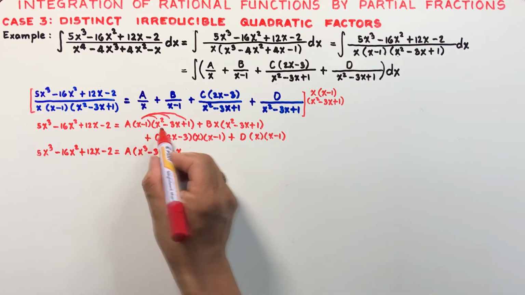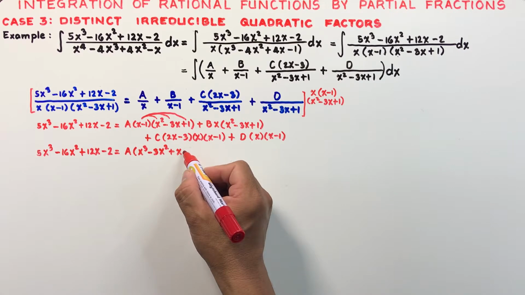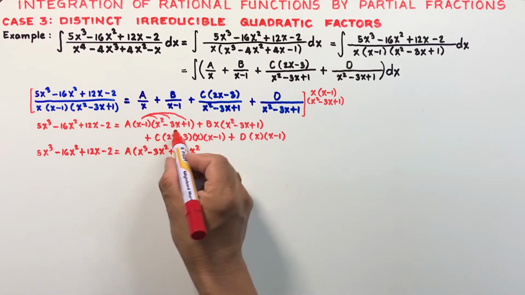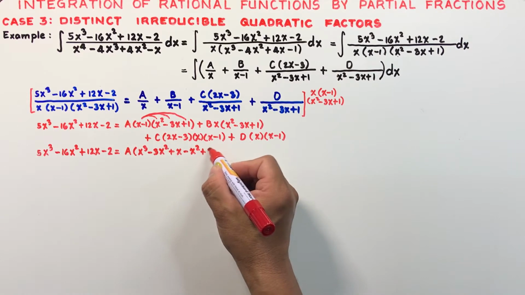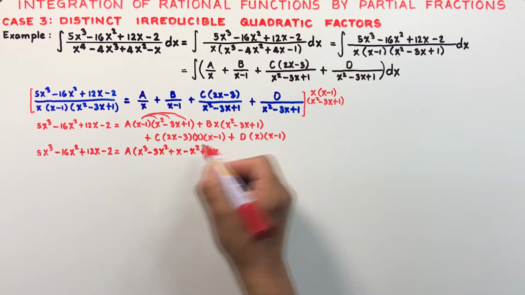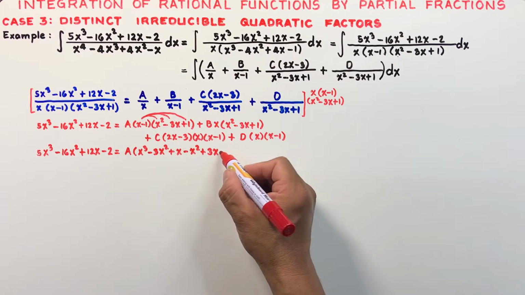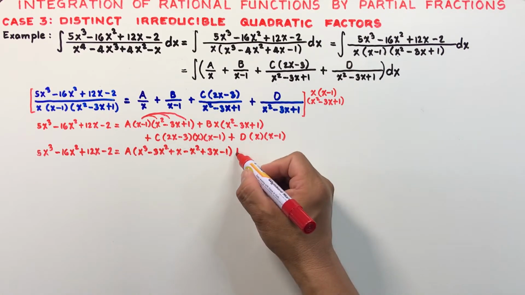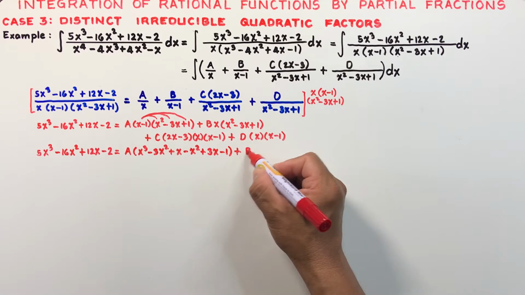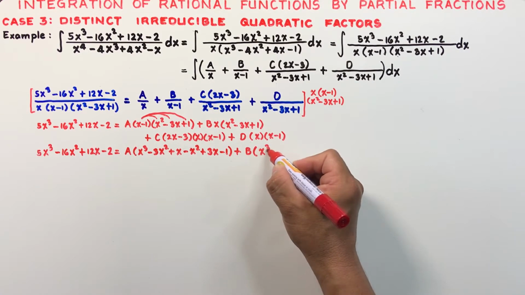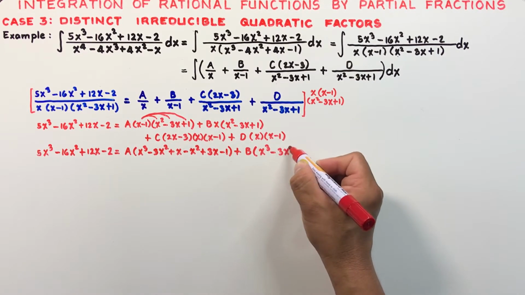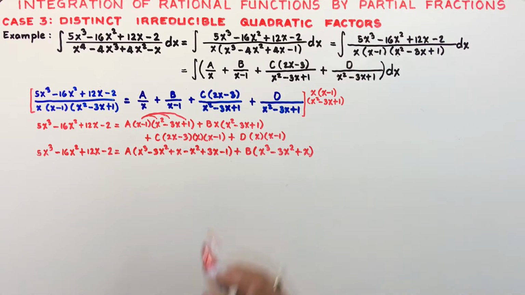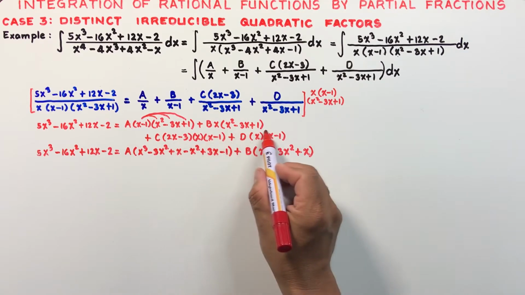Also negative 1 times x squared is negative x squared. Negative 1 times negative 3x is plus 3x, and negative 1 times positive 1 is minus 1. And this will be added to B times x cubed minus 3x squared plus x, because if you multiply this x to this trinomial, this is our answer.